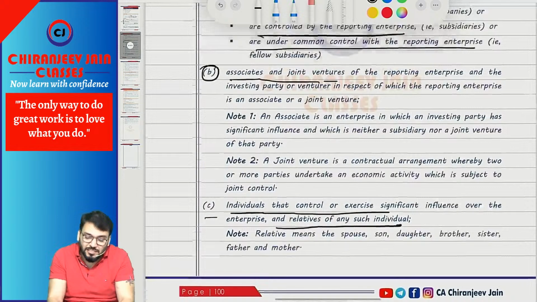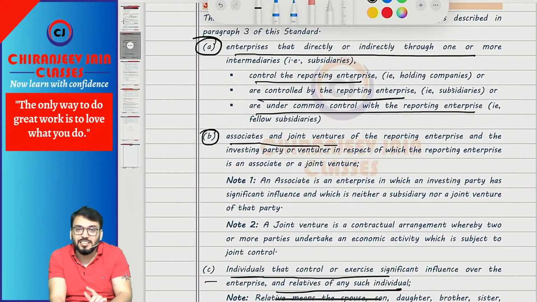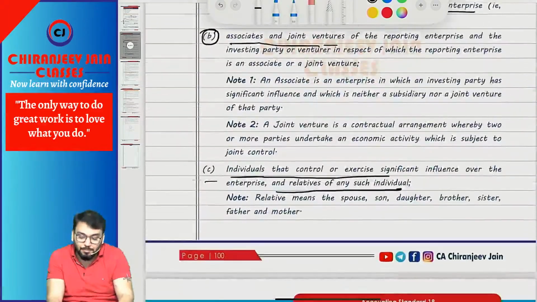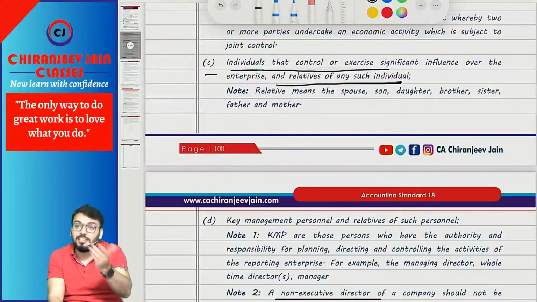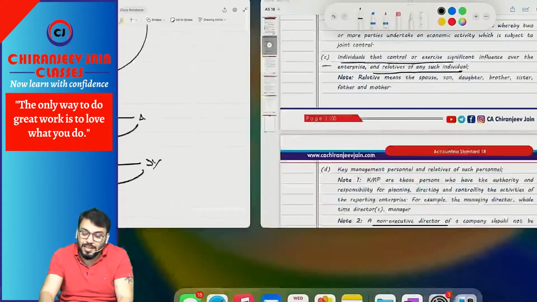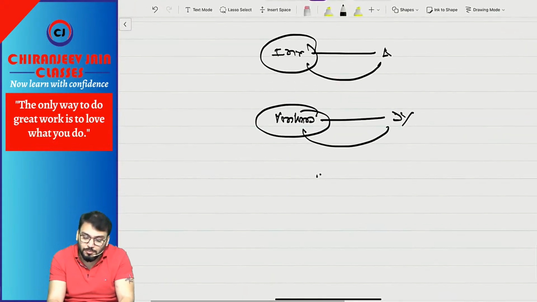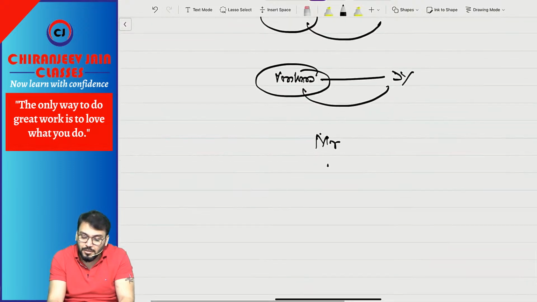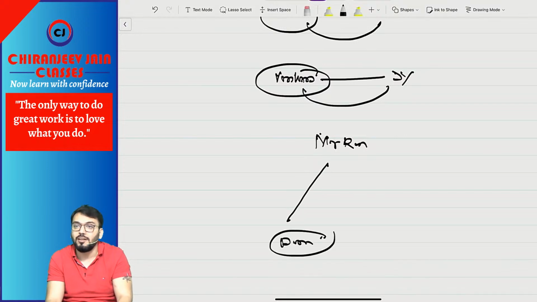Understood? Can I say point number A and B is for entities, when entities can be related parties, and point number C and D is for individuals, when individuals can be related parties. So any individual which controls, suppose Mr. Ram controls Ram Limited. So for Ram Limited, Mr. Ram is what?